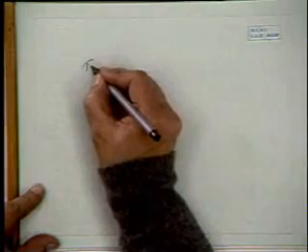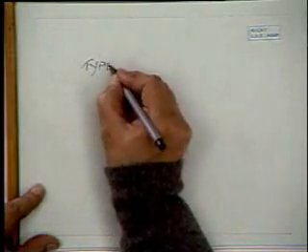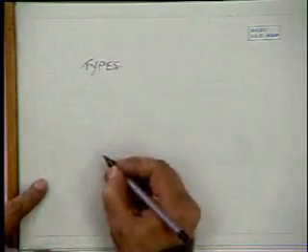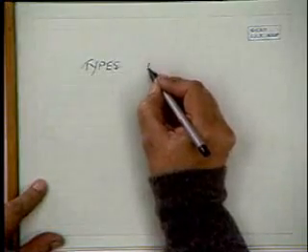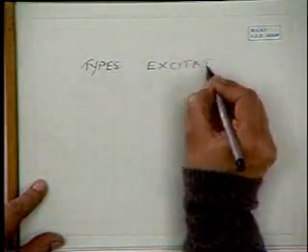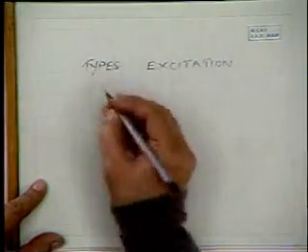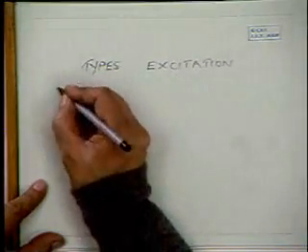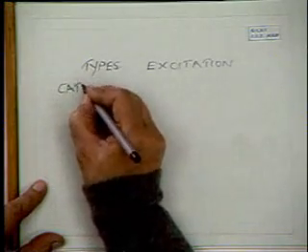There is luminescence occurring due to cathode rays, which is called cathodoluminescence.